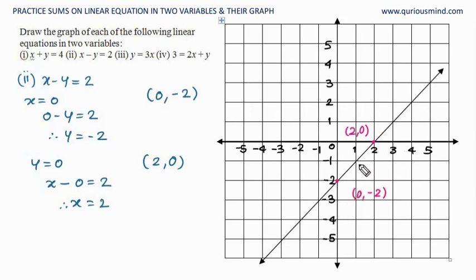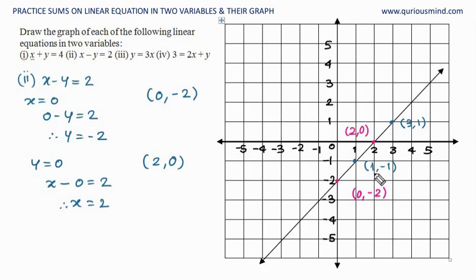Now to cross check, if you see this point here, the line cuts in this point. There is also this point. So we can check these two. What is the coordinate of this point? This point is (3, 1). What is the coordinate of this point? (1, -1). Now we will cross check. If I put x is equal to 3 and y is equal to 1, 3 minus 1 is 2, which is equal to 2.